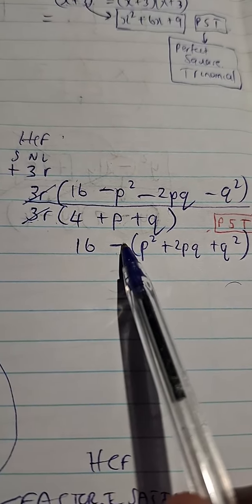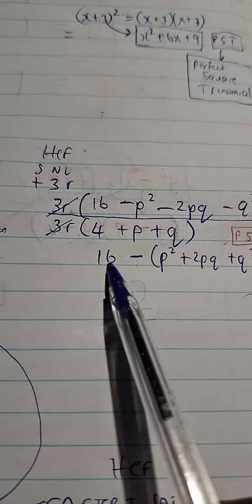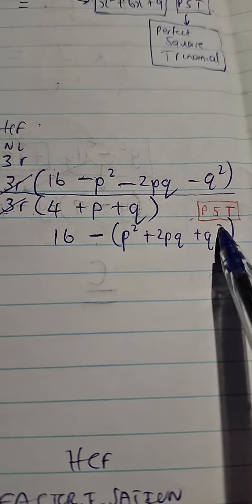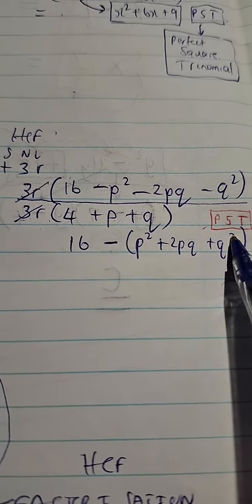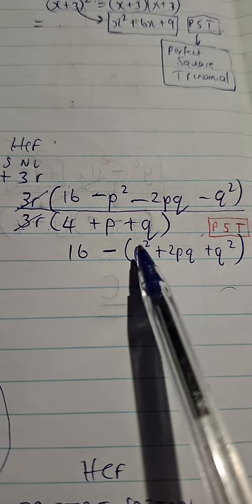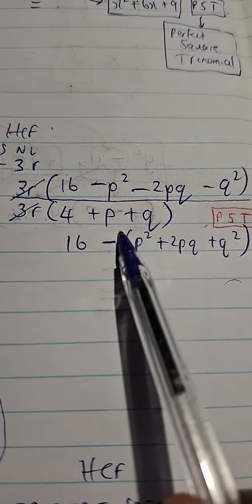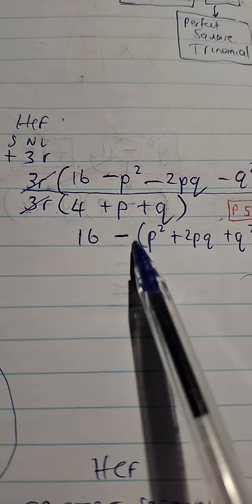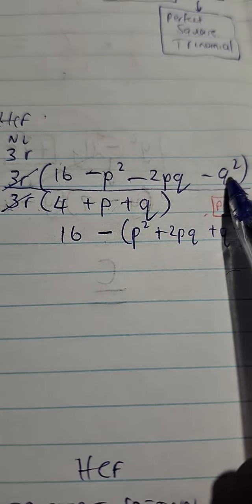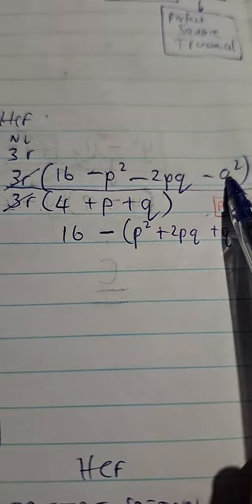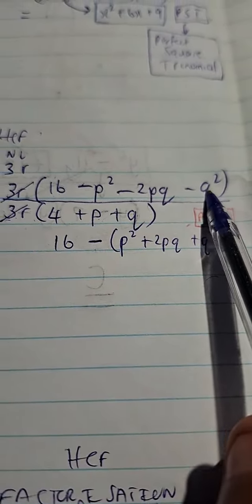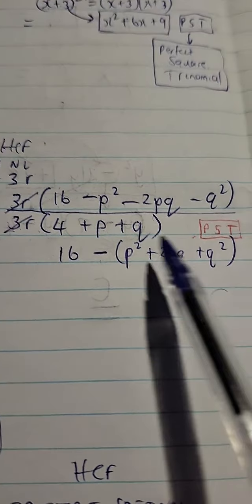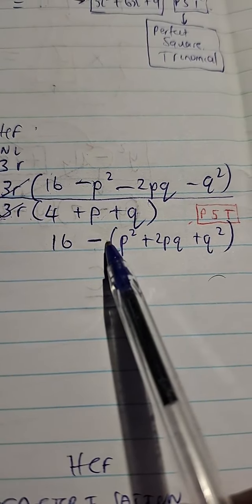You now have a difference, but here is a perfect square number, here is a perfect square trinomial. Yes, there's an invisible one there because I took out a negative one as a highest common factor for these 3 terms, because I could see the emerging of a perfect square trinomial. That is why I took out a negative one.